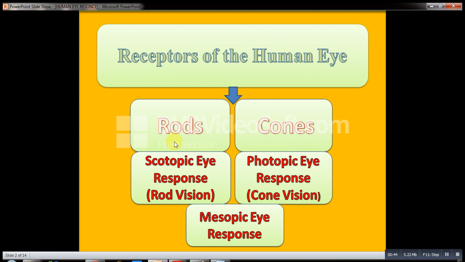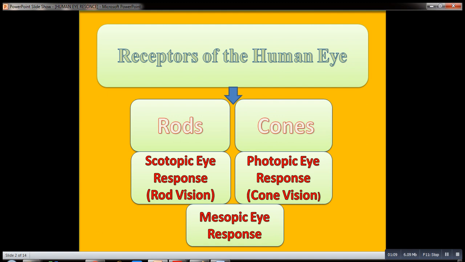What is the meaning of the rods? The rod cells are photoreceptor cells in the retina of the human eye that can function in lower light than the other types of visual photoreceptors, cone cells. Rods are usually found concentrated at the outer edge of the retina and are used in peripheral vision.